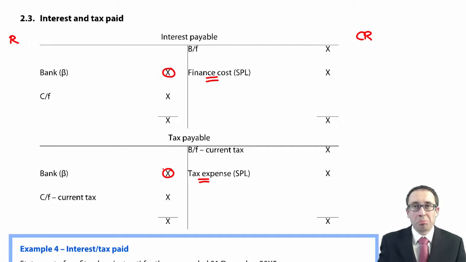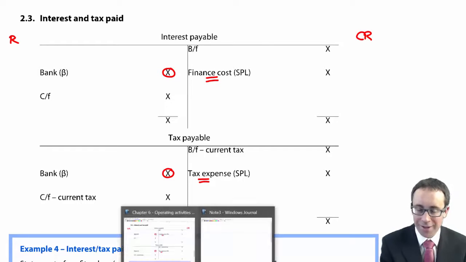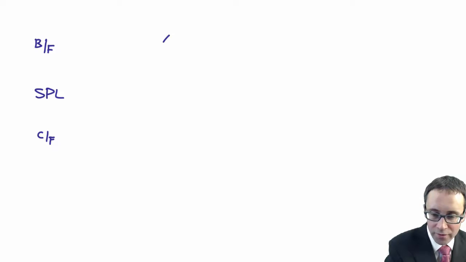What's difficult about T accounts? Nothing. Chris, they're impossible. What you could do alternatively, if you don't like T accounts, like we saw earlier, is take your brought forward with your statement of profit or loss figure and your carry forward figure, and deduct the carry forward figure.